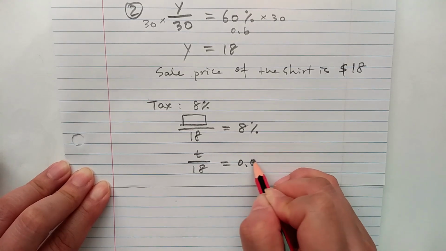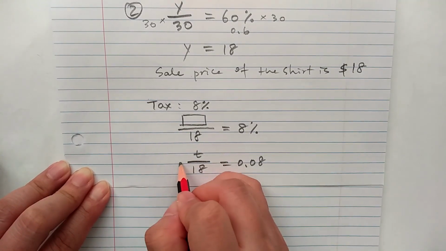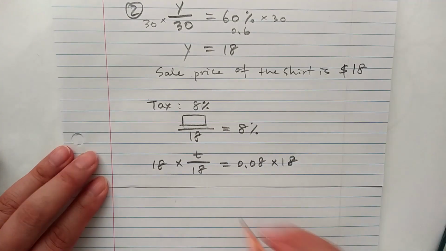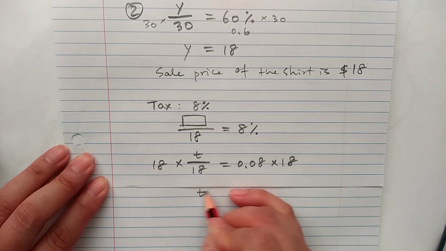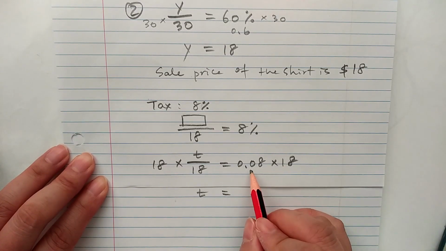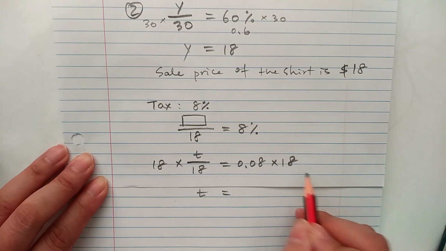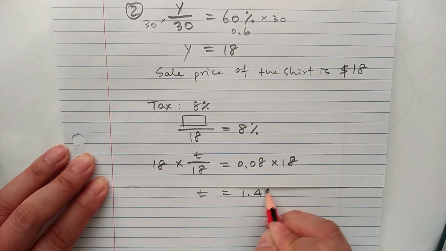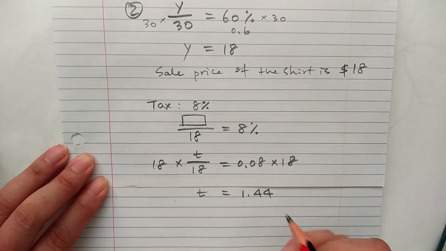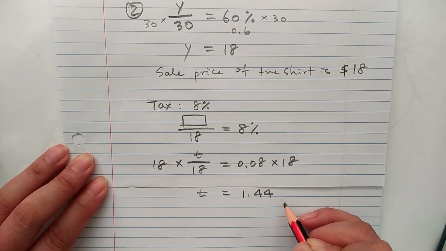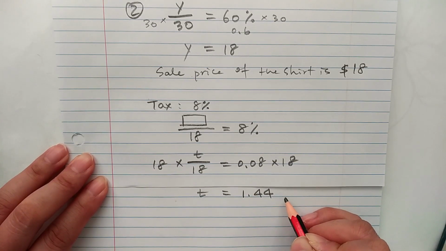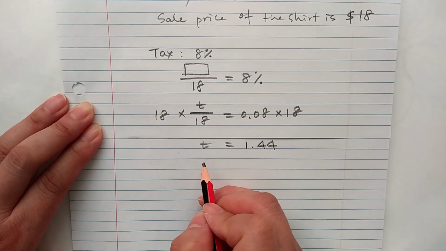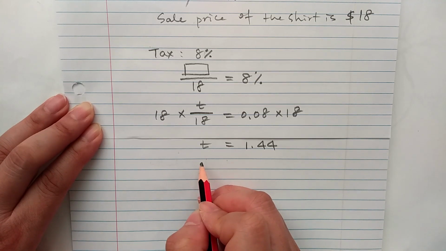It's 0.08. Multiply each side by 18. Then t equals 0.08 times 18 is 1.44. So for $18, you are paying $1.44 for the tax.